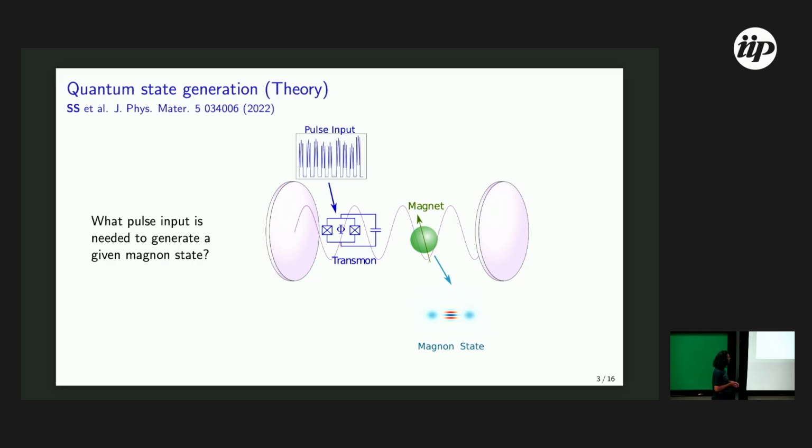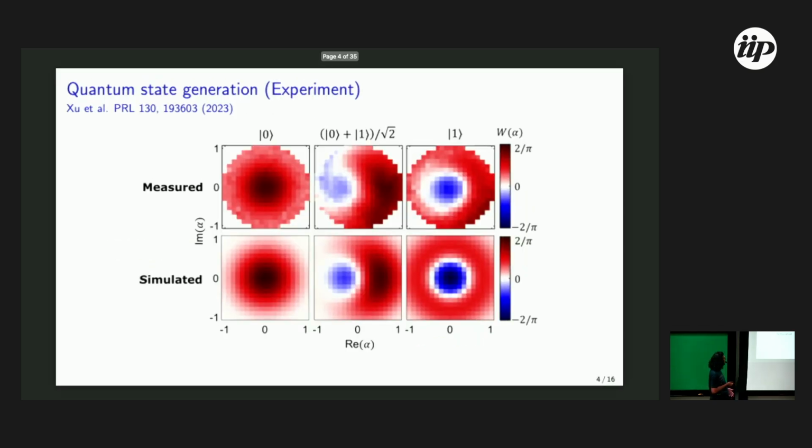One of the reasons I'm flashing this is to point out something Sylvia already pointed out yesterday: in the same setup as the Nakamura group, with a transmon and a magnet, there was a group in China who showed a non-classical state of magnons. What you see here at the bottom is what you expect. If you have a zero state, the Wigner function is just a Gaussian function, giving you a probability at the center.